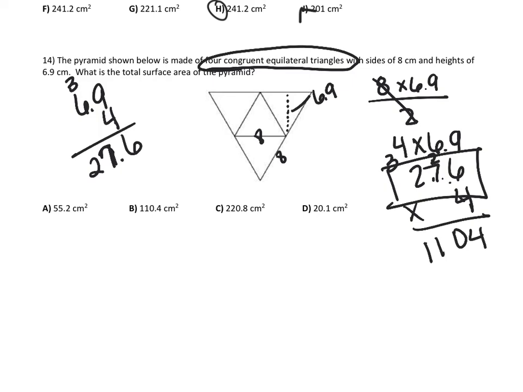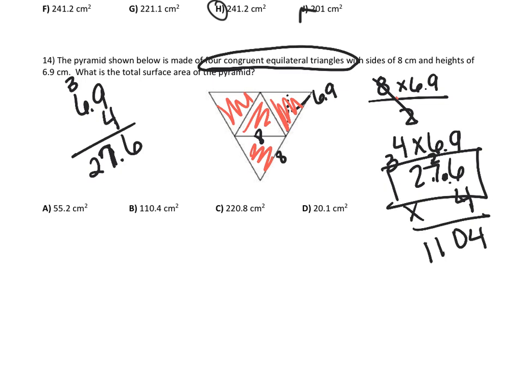Because there's four triangles. 1, 2, 3, 4. I thought you were multiplying it too, or were you dividing it? I was dividing it. There's another concept that we could do, but we're at 27.6 right here.